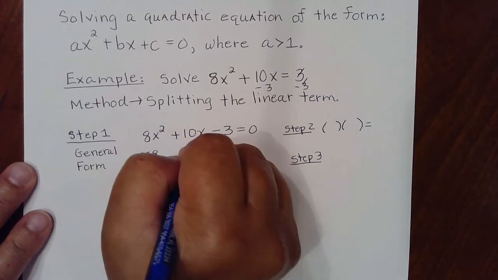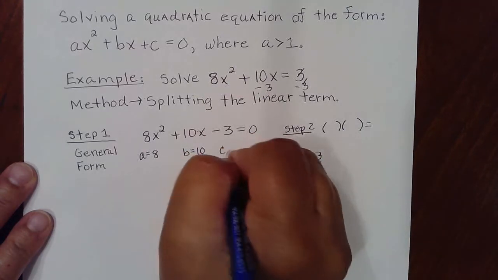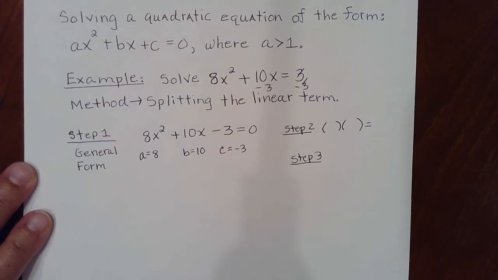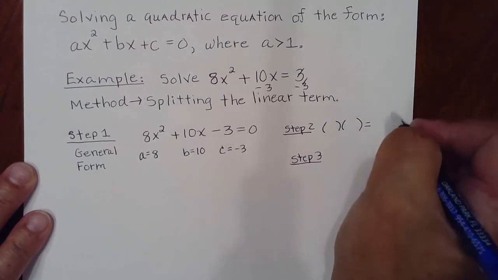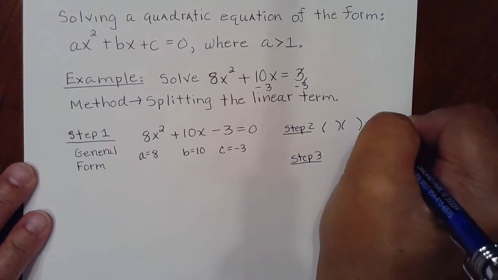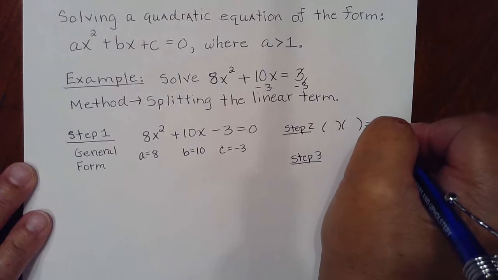Your b value is the coefficient of your linear term. And c is the negative 3, the constant. So I'm going to speak about these values as I discuss steps 2 and 3. In step 2, we're looking for a product that's equal to the a times the c value, which as you can see is 8 times negative 3, negative 24.